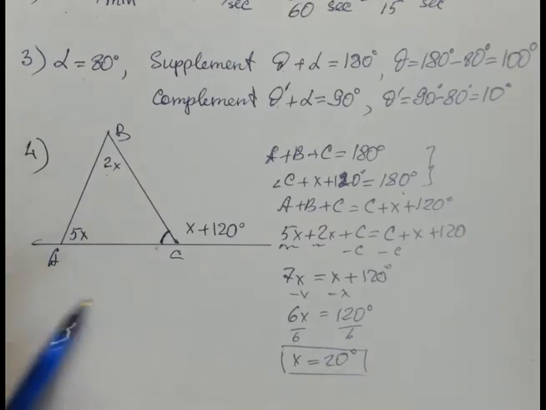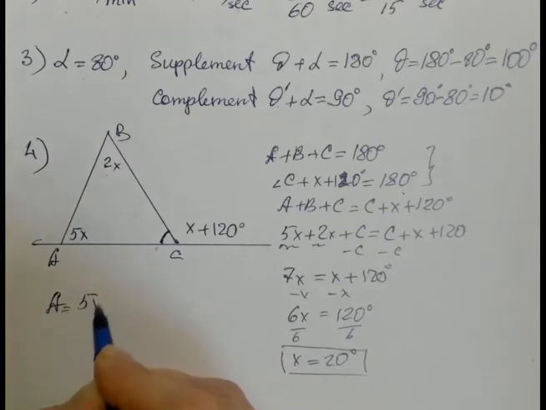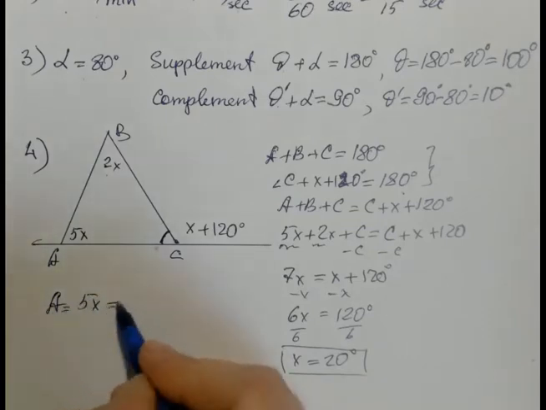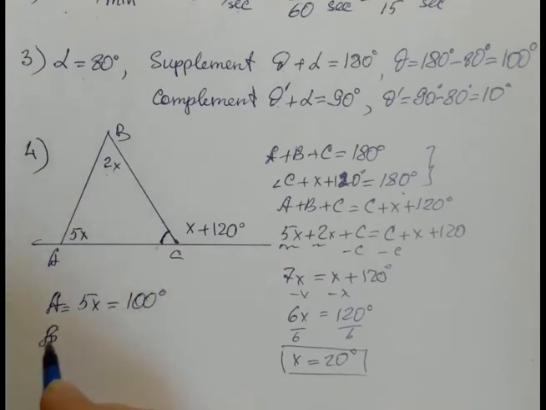So we substitute x and find the measures of the angles. Angle A equals 5x, x is 20, so it is equal to 5 times 20, 100 degrees. Angle B equals 2x, 2 times 20, 40 degrees.